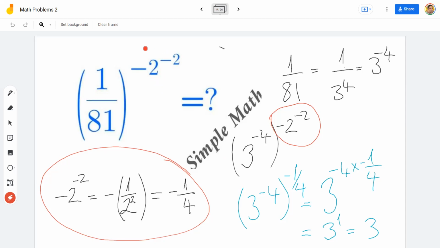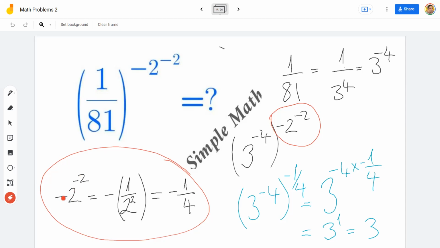Another thing, we need to simplify this part, because this should be done before we multiply it. So negative 3 power negative 2 power negative 2. Since this power doesn't include the sign, we must focus on only 2.